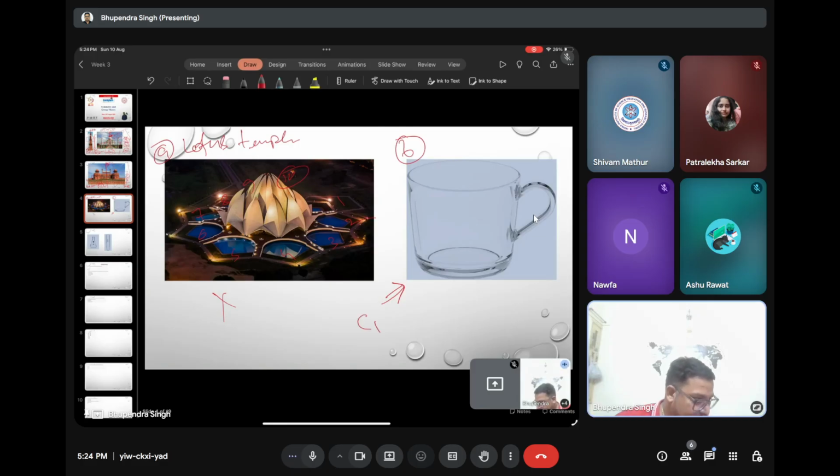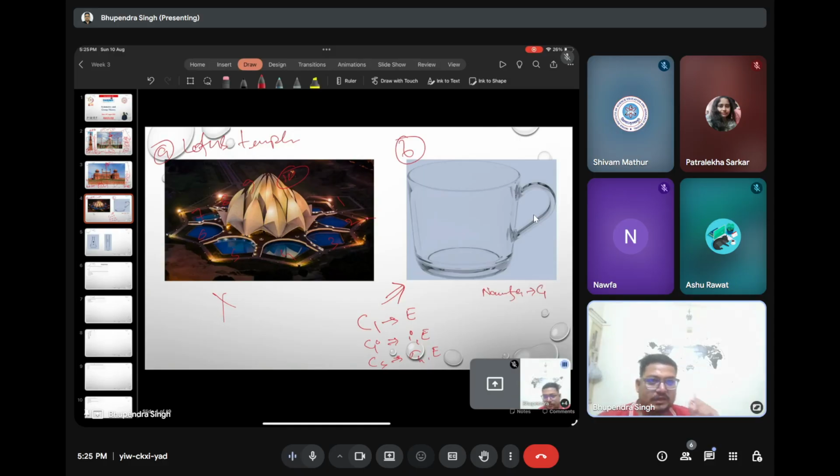Okay. C1 means identity element only. Ci means inversion center and identity element. Cs means sigma h and identity element. So someone said C1. Okay.